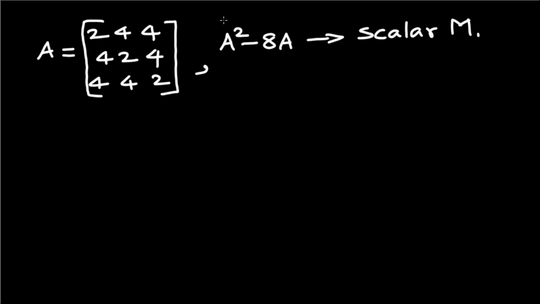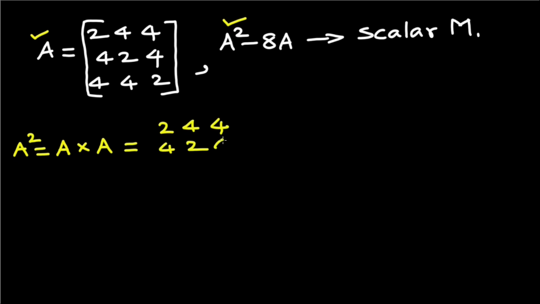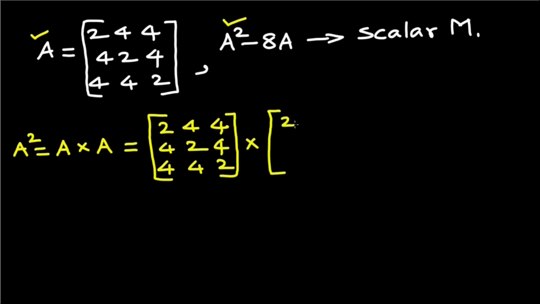Let us first find out A square from A. So A square will be matrix A multiplied by matrix A, or self multiplication of matrix A. So we write [2 4 4; 4 2 4; 4 4 2] multiplied by the same matrix [2 4 4; 4 2 4; 4 4 2].